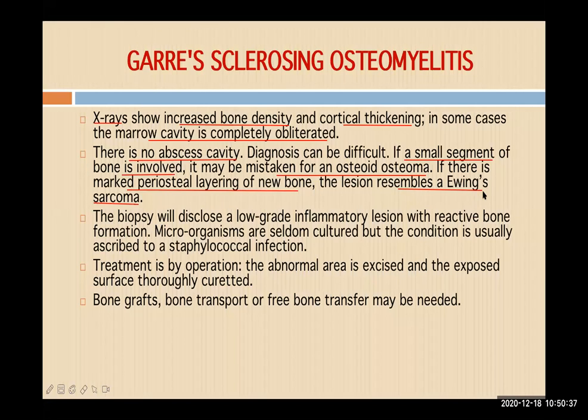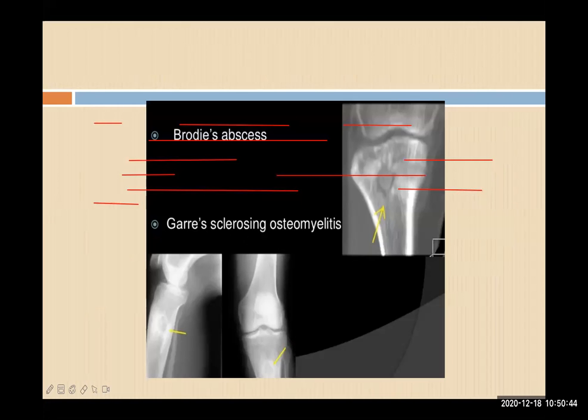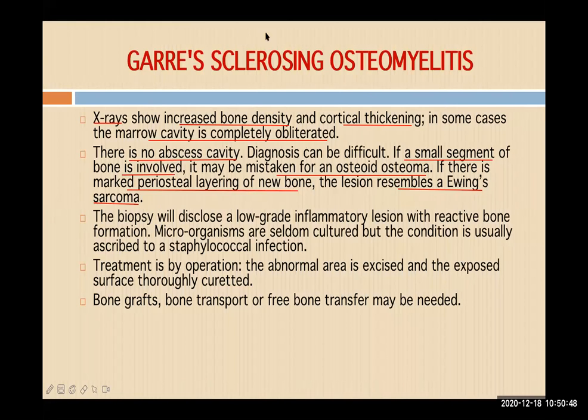So how to distinguish them? We need to take a biopsy. Let me underline this for you. The biopsy will disclose a low-grade inflammatory lesion with reactive bone formation, and there are definitely no malignant cells, because this is Garre's osteomyelitis we are talking about.